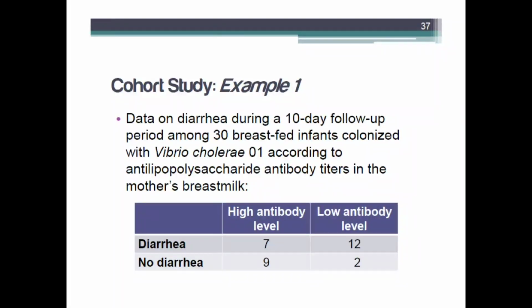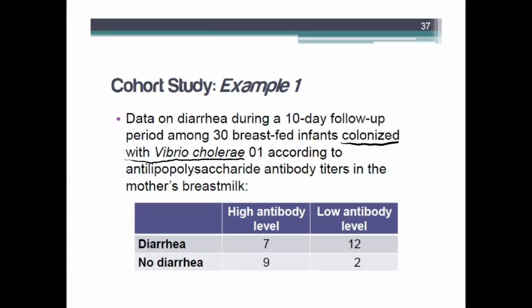Okay. Now, since meron na tayong table, we just need to identify what is our disease outcome at saka ano yung exposure. So, as you can see, they are colonized with a Vibrio cholera. Ibig sabihin, binigyan daw sila ng vaccine, no?